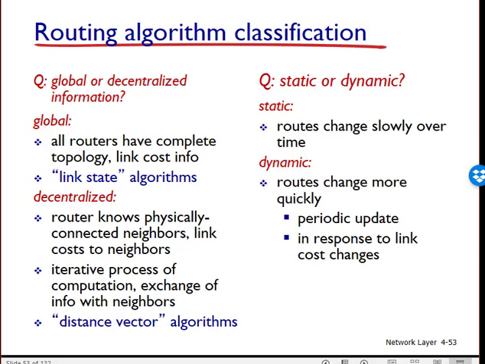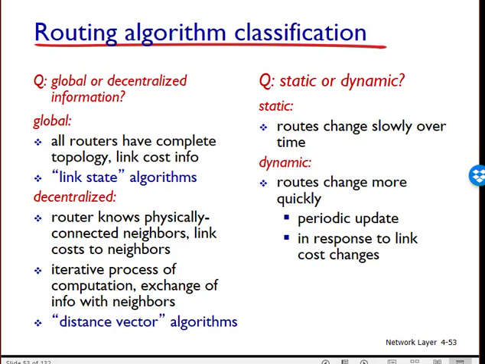In a decentralized routing algorithm, the calculation of the least cost path is carried out in an iterative, distributed manner. No node has complete information about the costs of all the network links. Instead, each node begins with only the knowledge of the cost of its own directly attached links.